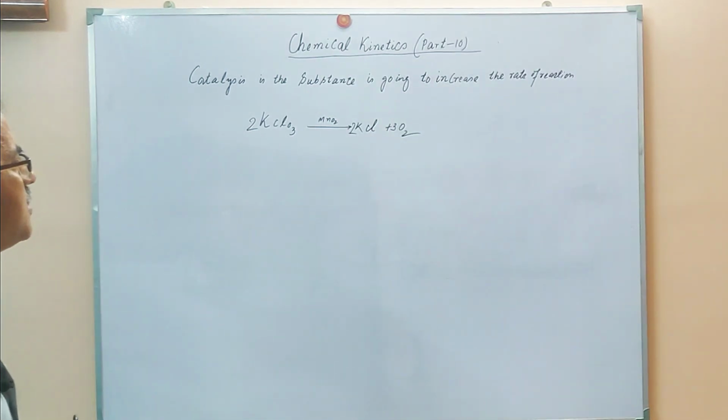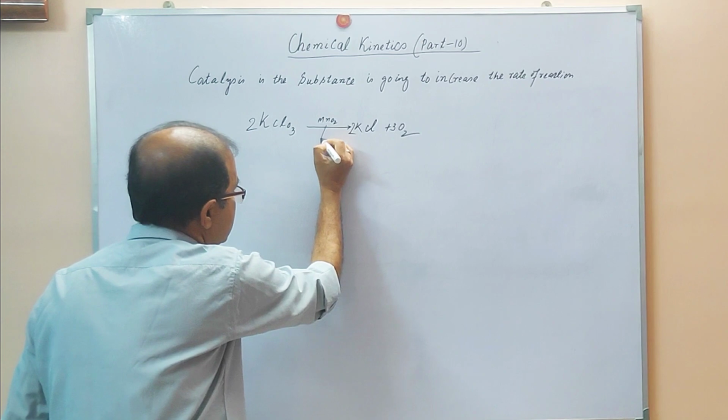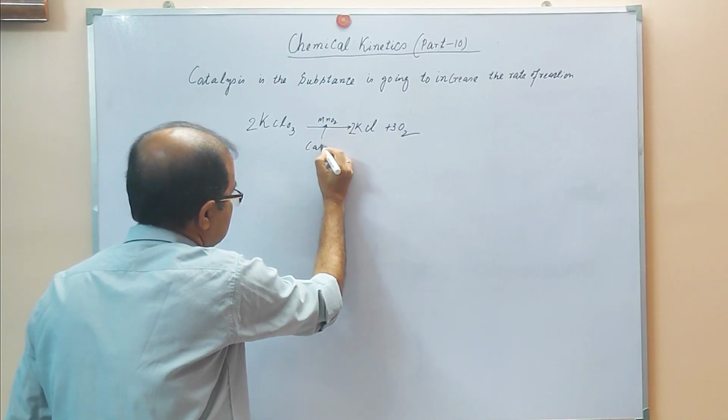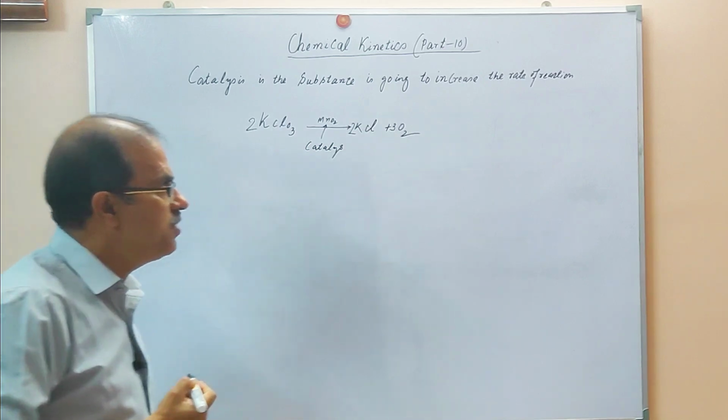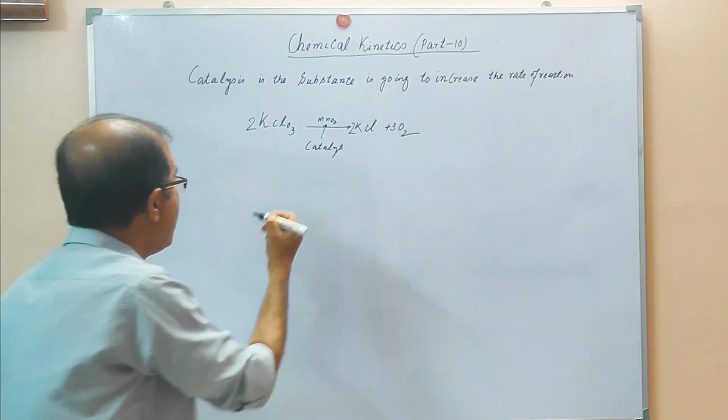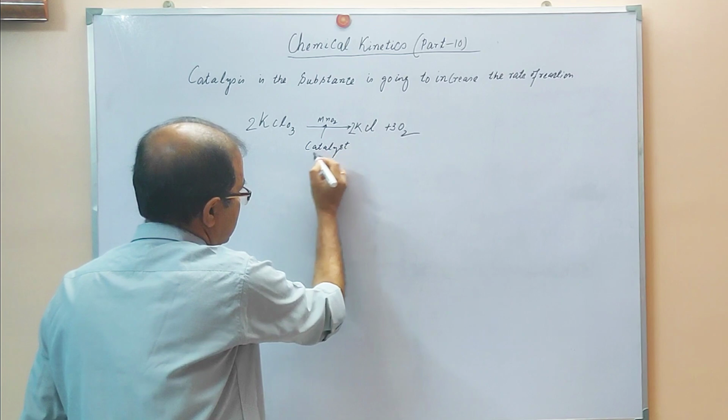So this is the reaction, and here you can see this is the catalyst. So catalyst is the substance which is going to increase the rate of reaction.